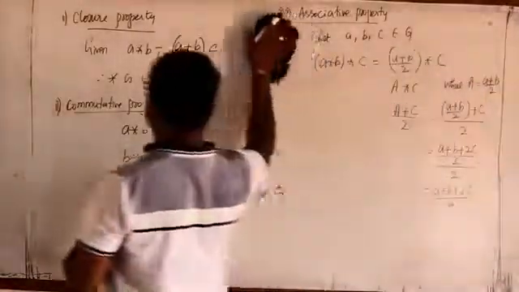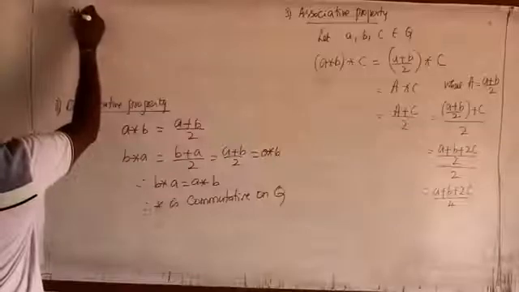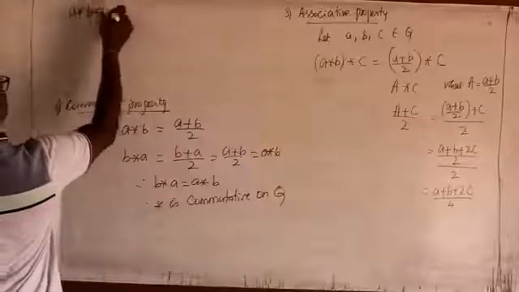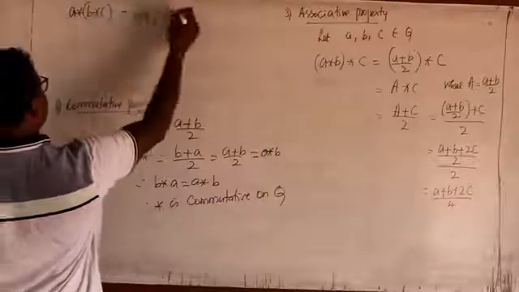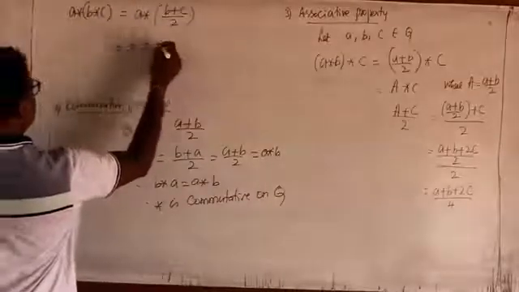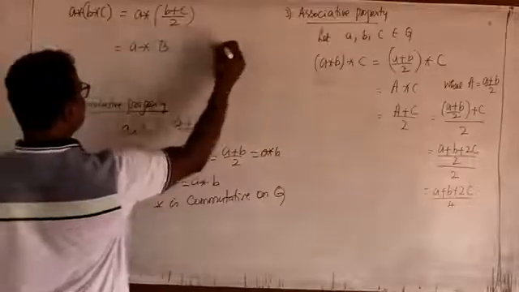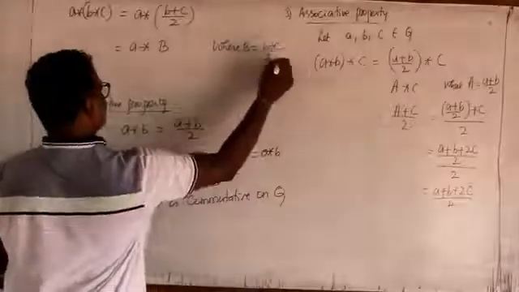Now let me go for the right hand side. That is A star B star C, with the bracket on B star C, so B plus C by 2. If you are not able to follow, I can write this as capital B. What is this capital B? B plus C by 2.